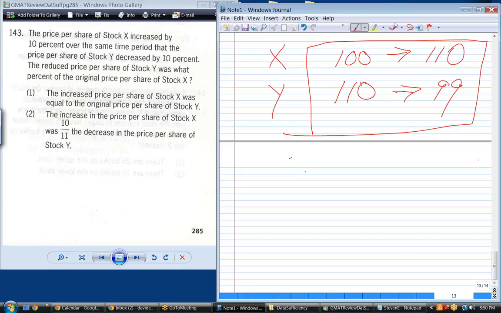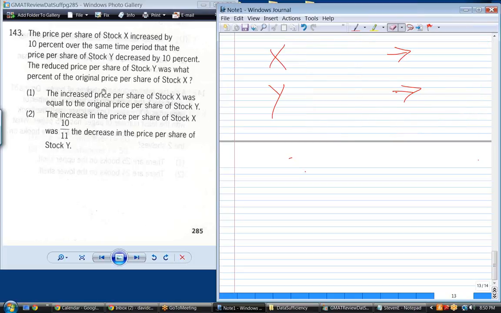Hold on a second. I'm using information from the stem to do that. I mean, I'm using information from number 1. Right. So the increase in the price per share of stock X was 10/11. So if stock X went up to 110 and stock Y dropped by 10%, I can do that.